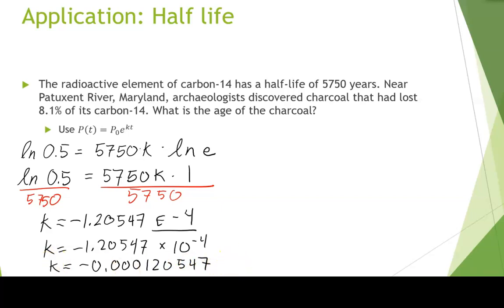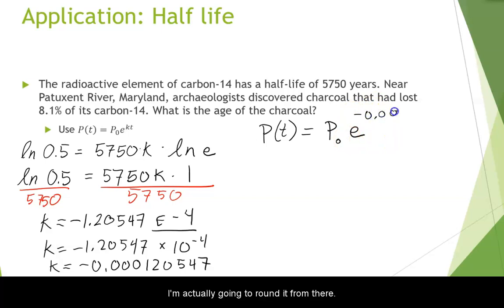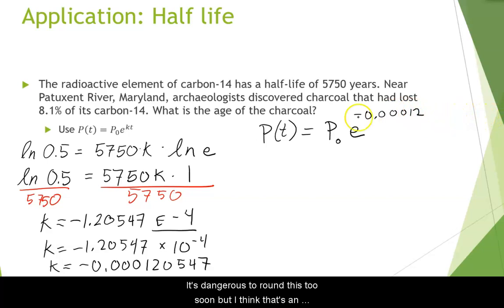That's our k value. Rewriting the equation, we have P as a function of time equals our original P value times e to the negative 0.00012 times the time. I'm actually going to round it from there. It's dangerous to round this too soon, but I think that's an appropriate rounding spot.